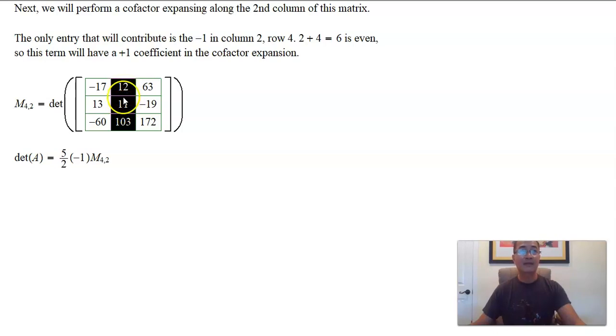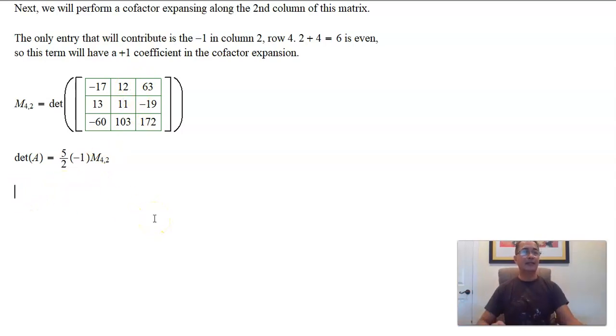We can have a 1 here with hardly any effort. So that's my plan. Let's turn this into a 1 by subtracting row 2. Now that we have that 1, we can clear the 11 and the 103. And then, as a bonus, let's do another cofactor expansion based on that one.